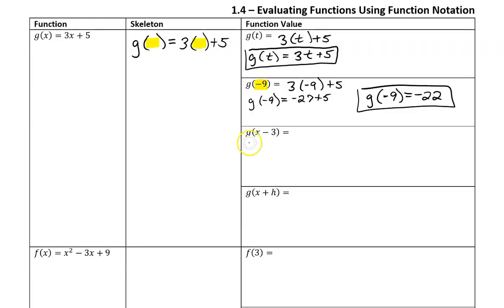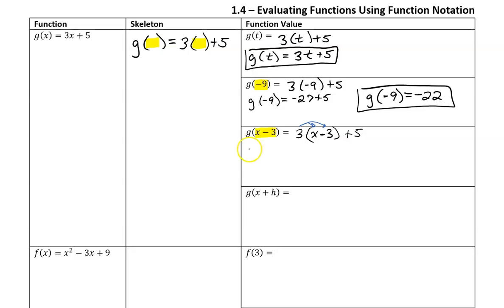Next one, g of x minus 3. So this is my substitution part. That's going to go into the blank spots of my 3 parentheses plus 5. Whatever's inside of here, no matter how complicated it may be or not, gets plugged into that space we made. So I now have 3 times, in parentheses, x minus 3 plus 5. So let's simplify it. Let's expand those parentheses.